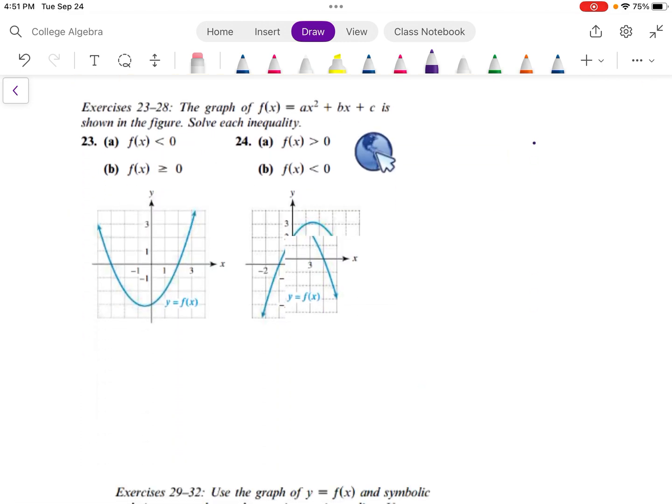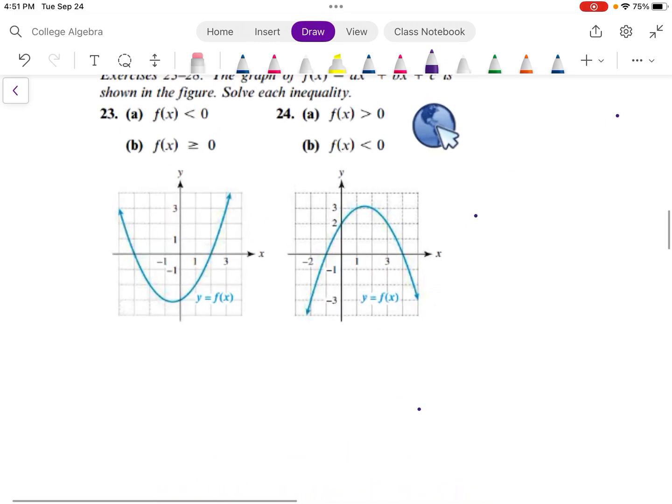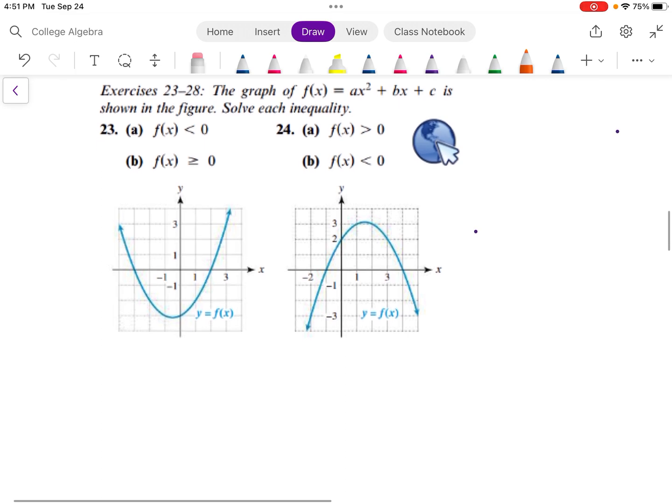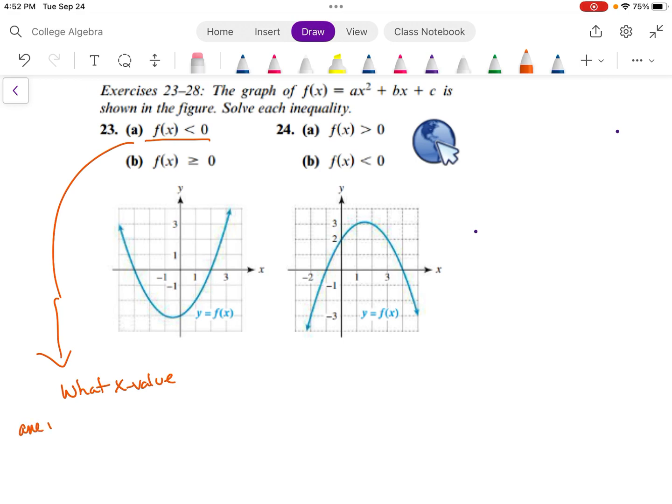But we're going to finish up with one more set of problems where they actually give us the pictures and ask us to determine these statements. They say the graph of f of x is as follows. These parabolas solve the inequality. This top one is asking what x values make the graph below the x-axis.